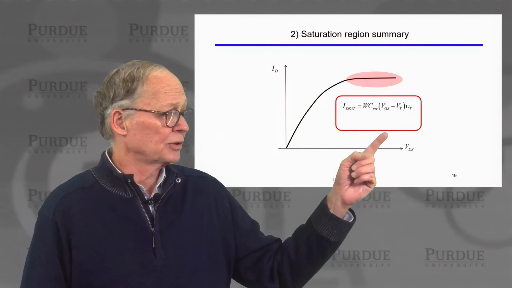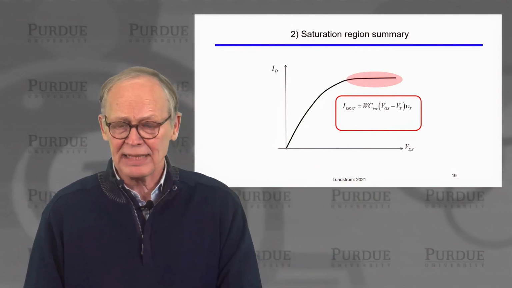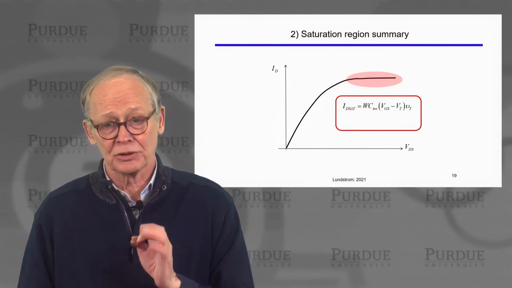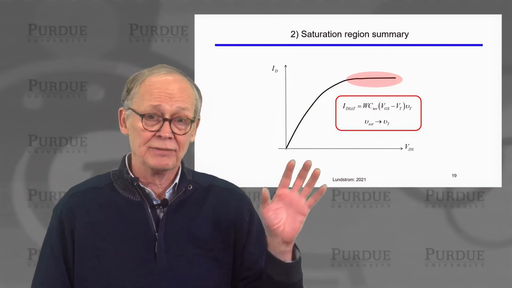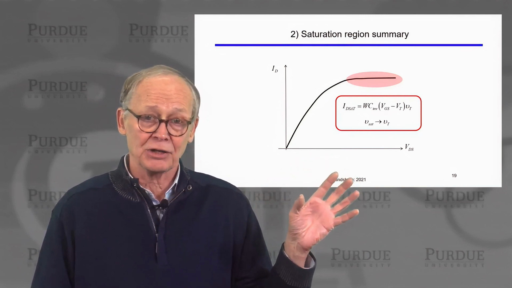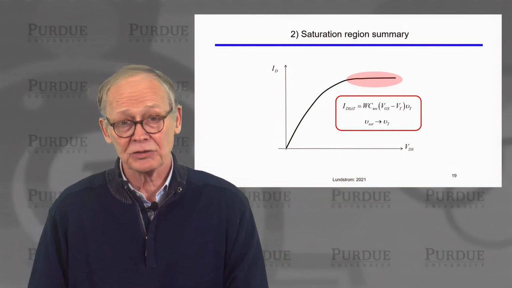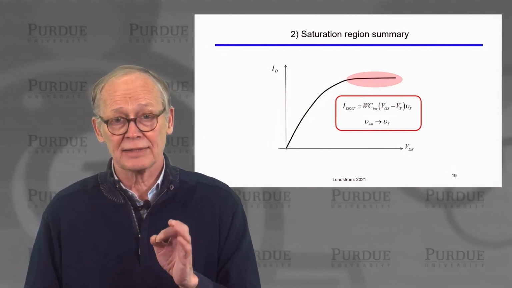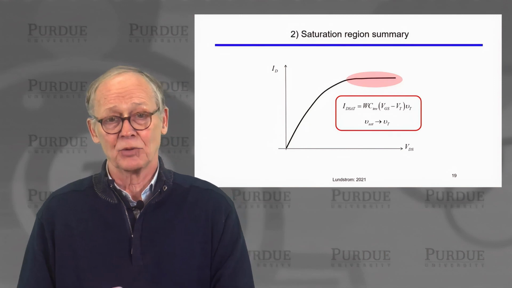So we have our result: the saturated current is width times inversion gate capacitance times VGS minus VT times the unidirectional thermal velocity. So we can very simply adapt our traditional velocity saturation model to the ballistic MOSFET by simply replacing the high field saturation velocity for electrons by the unidirectional thermal velocity for electrons.